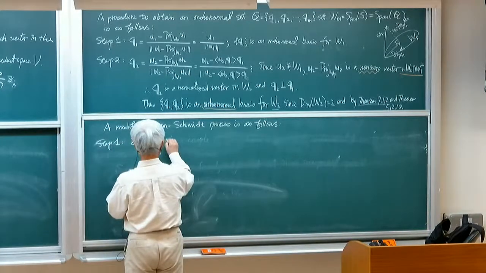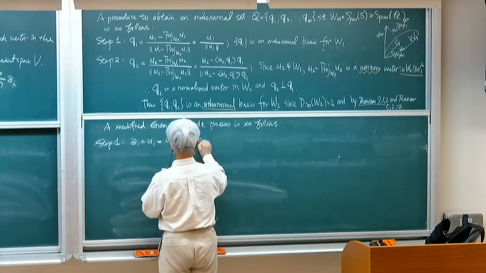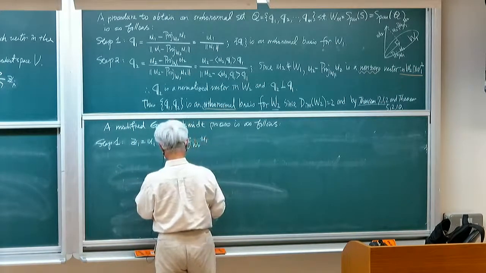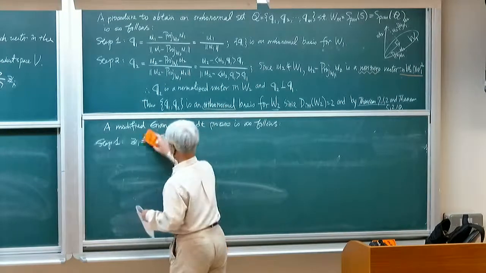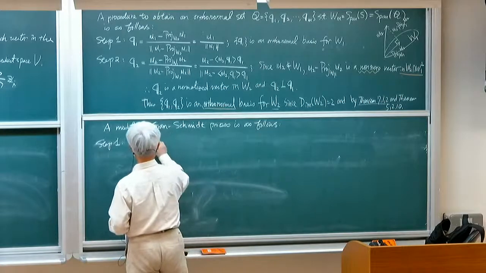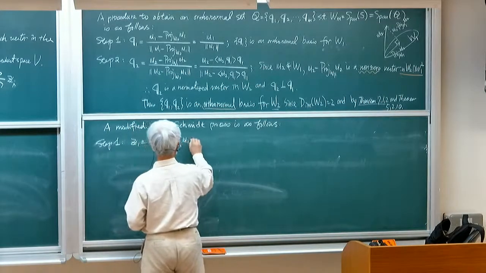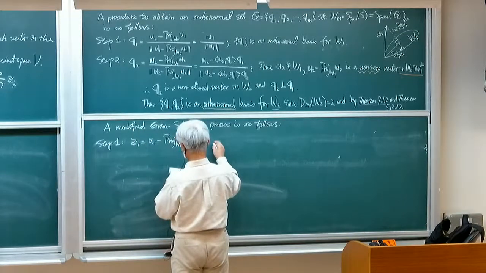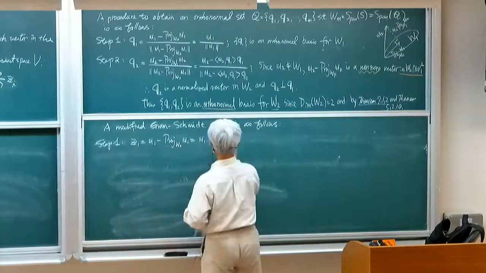This is U1 minus the projection of W0 onto U1. So we just have U1 minus the projection of W0 onto U1, and this is U1. Okay, and so basically Z1 is U1.